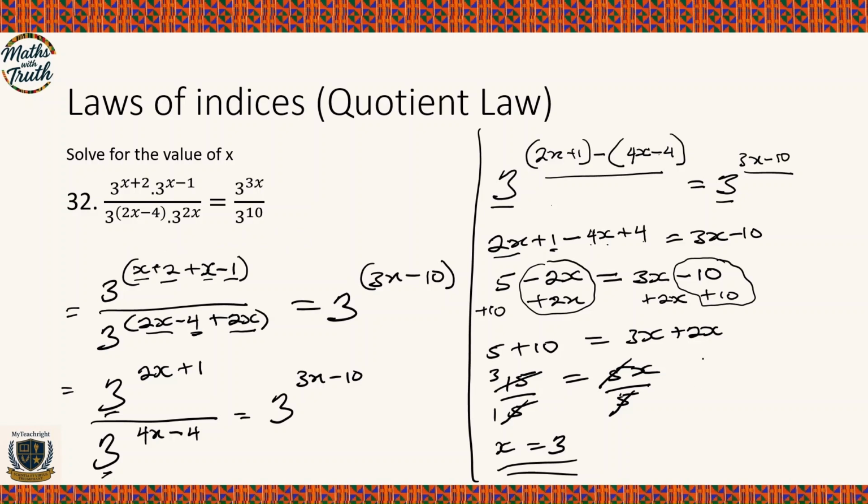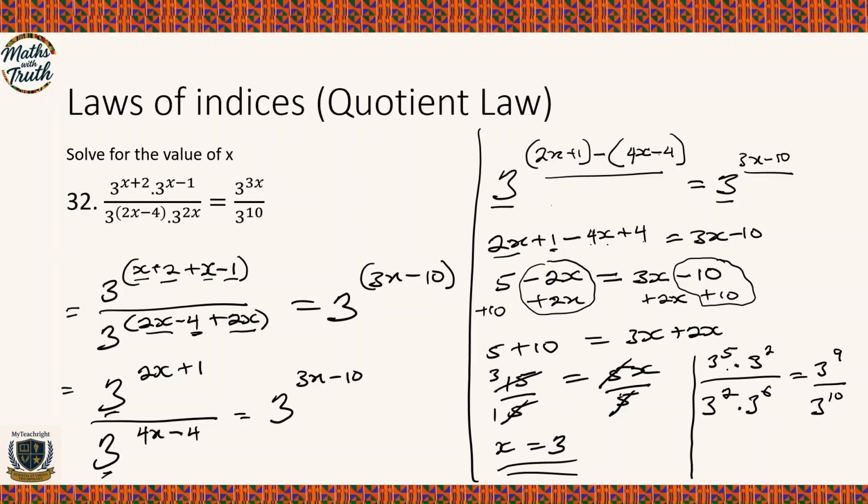So we have 3 exponent 3 plus 2, that is 5, times 3 exponent 3 minus 1, that is 2, divided by 3 exponent 2x, that is 6, minus 4, that is 2, times 3 exponent 2x, that is 6. Okay, and that is equal to 3 exponent 3x, that is 9, divided by 3 exponent 10.